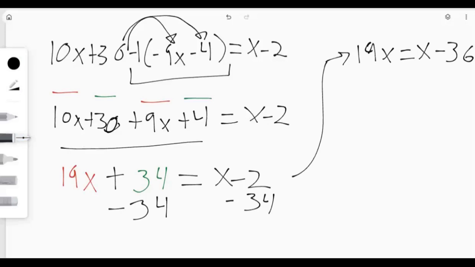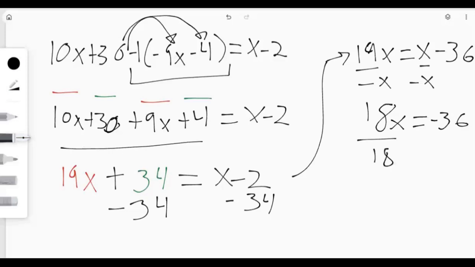So we have an x over here, we have an x over here. Let's do the same thing we just did. Minus x, we have 18x equals negative 36. So let's solve for x by dividing by 18 on both sides. And we get x equals negative 2 as our answer.